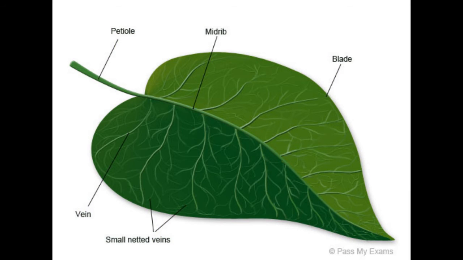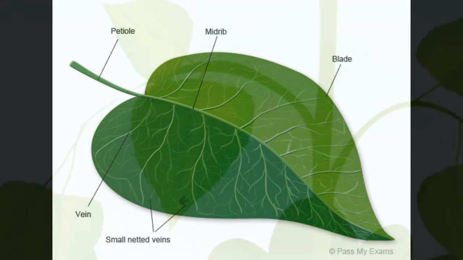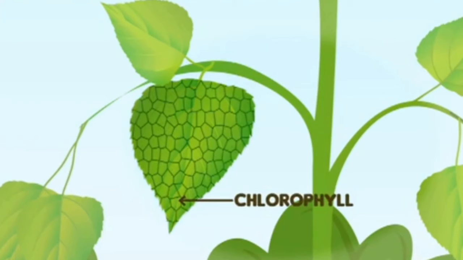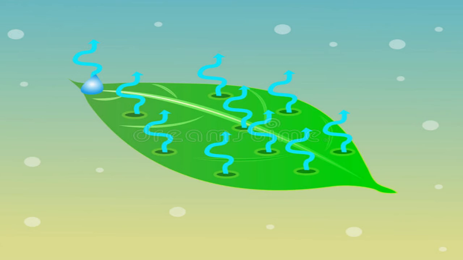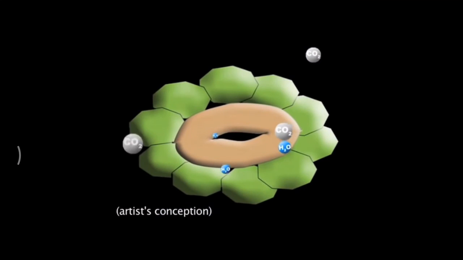So this is the leaf plate, and all the water and minerals are carried through these veins only. And this leaf plate, on the underside, has many tiny holes, called stomata. The main function of stomata is to take in air from the atmosphere and throw out excess water. Whatever water the leaves take, if it is in excess amount, then it is released through these stomata.